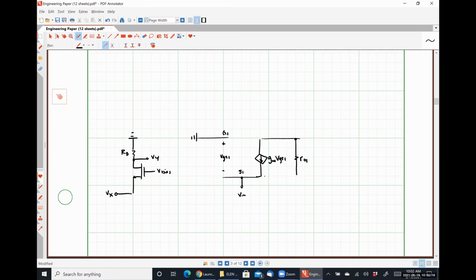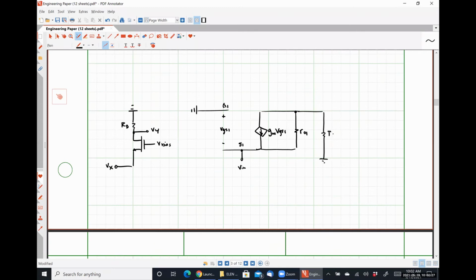Here's r01. And here's RD. Anybody have a problem with this small signal representation of this stage with the effects of channel length modulation included?